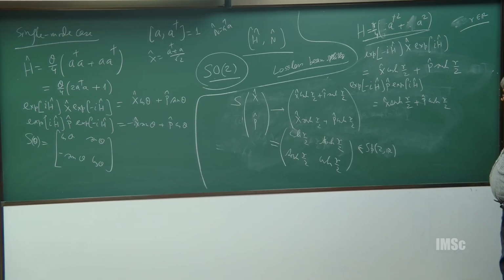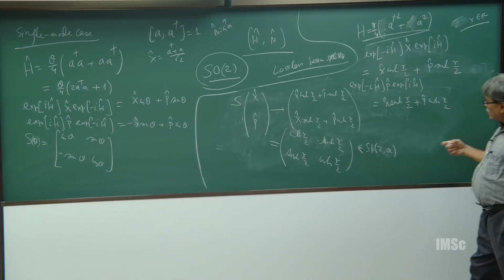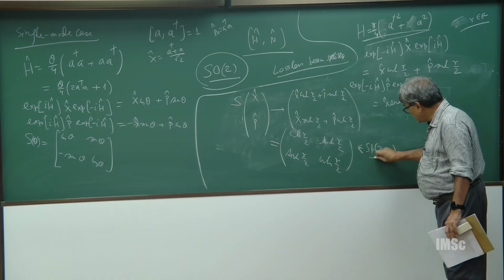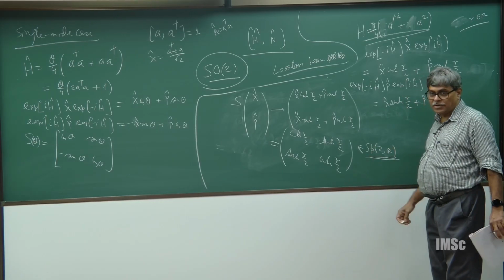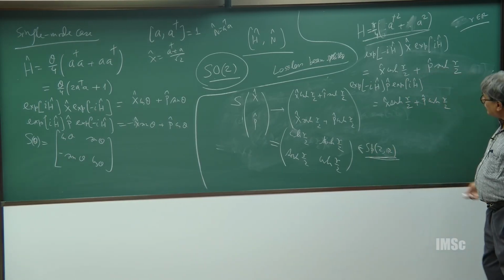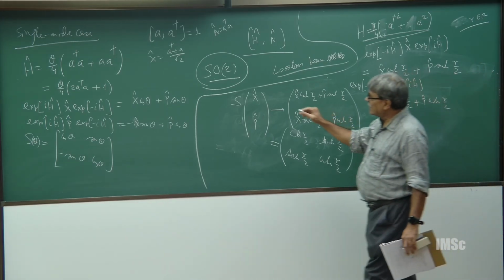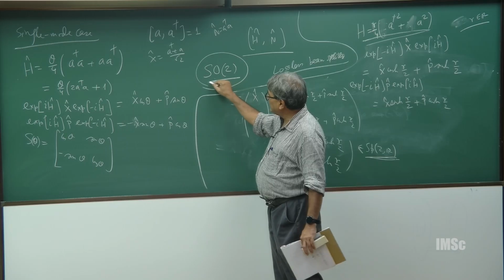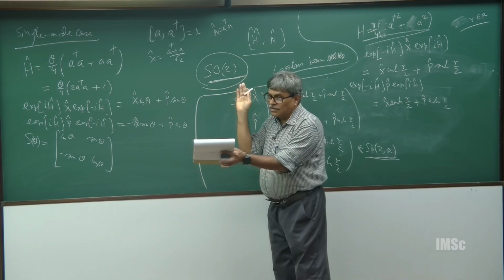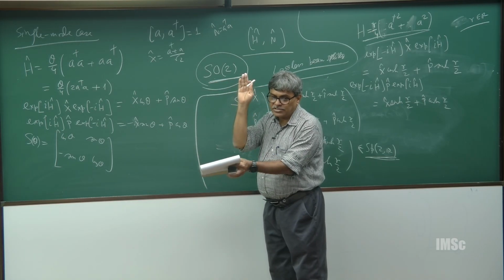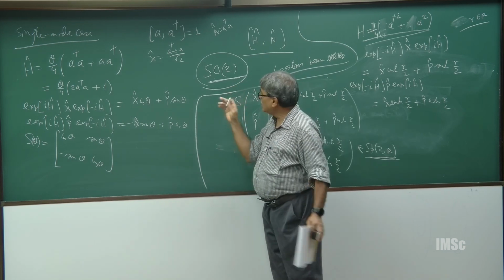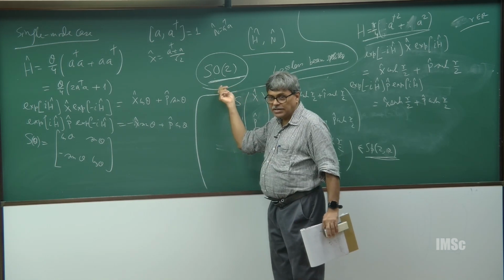Now, this group is not a compact group, it is a non-compact group. The rotation group maintains the angle between two vectors in two dimensions, and that is how it becomes a compact group.